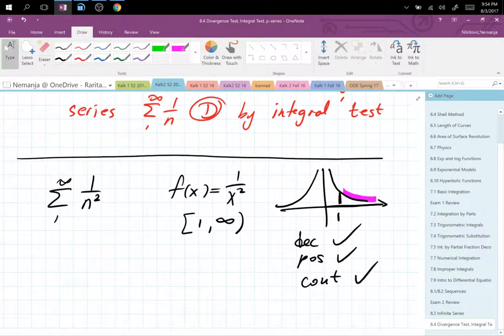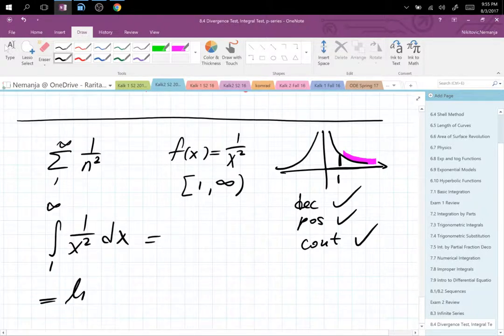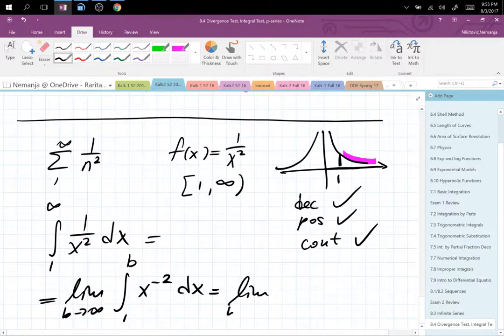All right, so now since the conditions are satisfied, I'm going to set up my improper integral from 1 to infinity of 1 over x squared dx, which works out to the limit as b goes to infinity of the integral from 1 to b of x to the minus 2 dx, and then that integrates into x to the minus 1 over minus 1, so that's negative 1 over x from 1 to b.